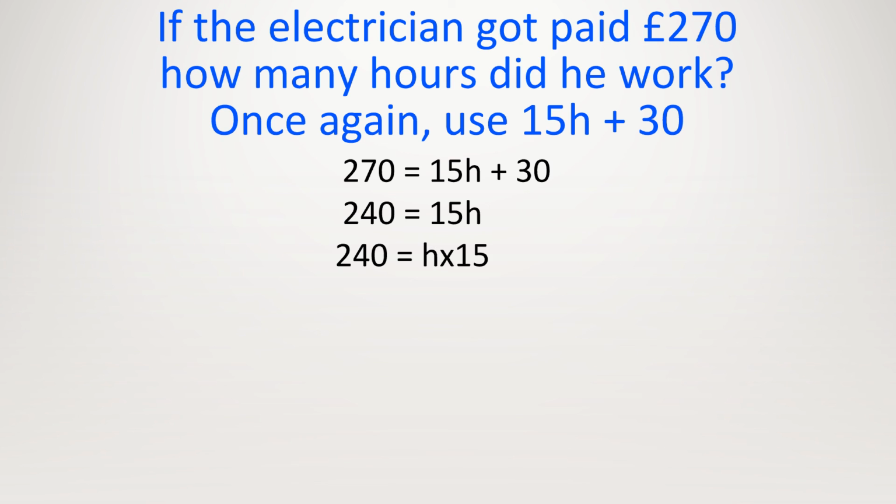We do the opposite, we divide 15. H equals 240 divide 15. I will give you 5 seconds, work it out. 240 divide 15 equals 16. So when this electrician gets paid £270, this person has worked 16 hours.